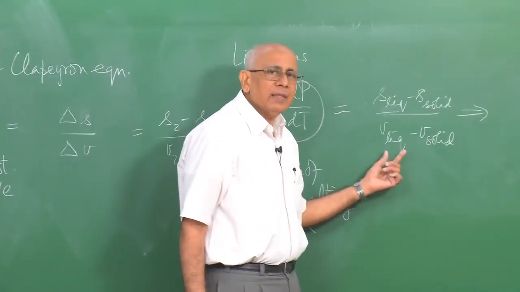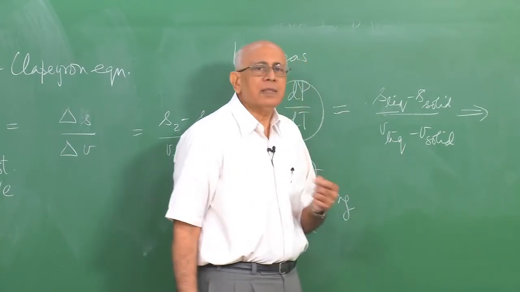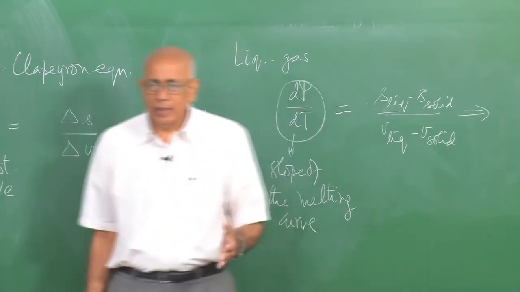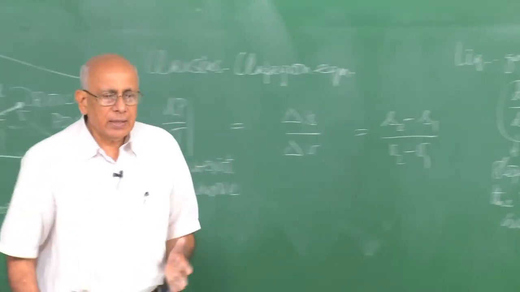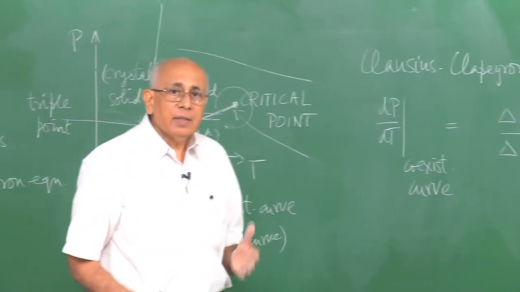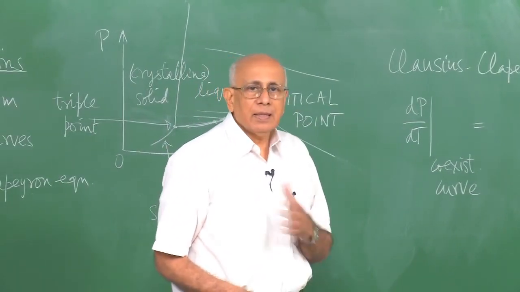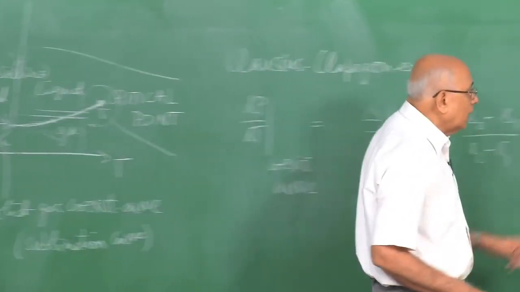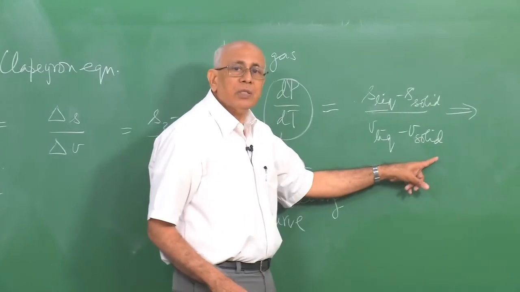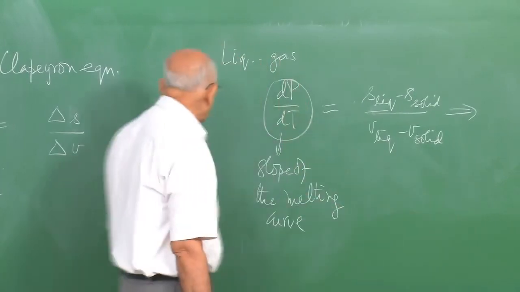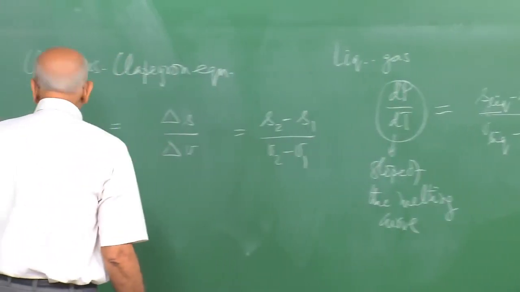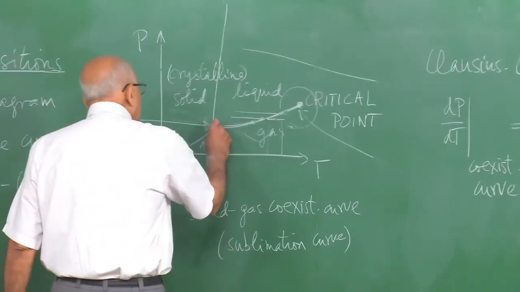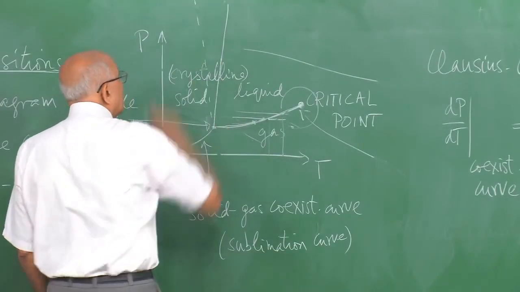There is nothing which says that the liquid could not be more dense than the corresponding solid, and the most notable example is water itself, which, as you know, at 0 Celsius, ice has only 92% of the density of water, which is why it floats on it. So in that case V liquid is actually smaller than V solid and the slope is negative. So that is the reason why water has this very funny phase diagram where this actually goes negative in this fashion.